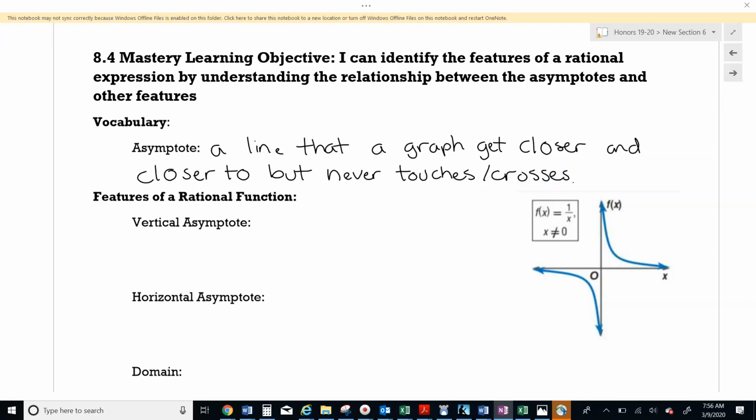Alright, a line that a graph gets closer and closer to but never touches or crosses.